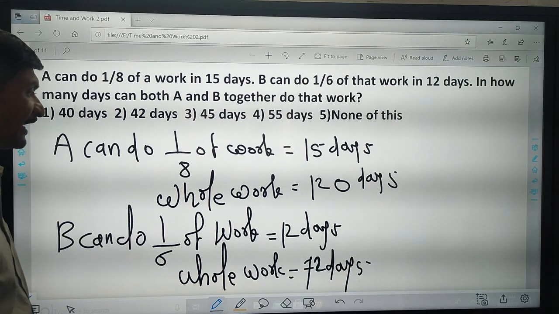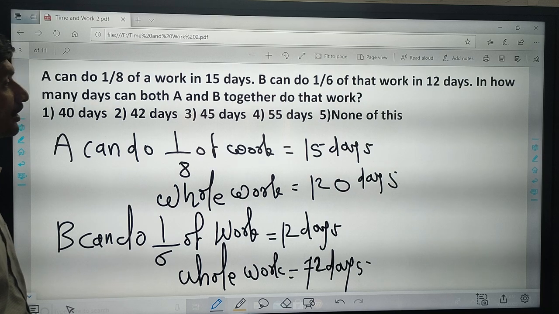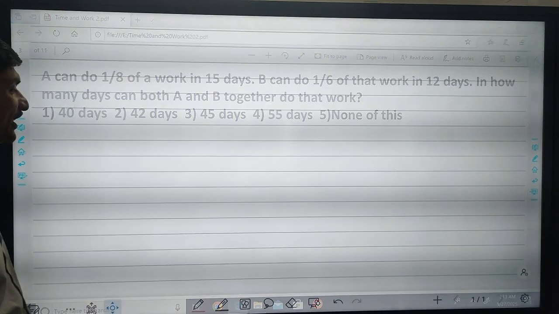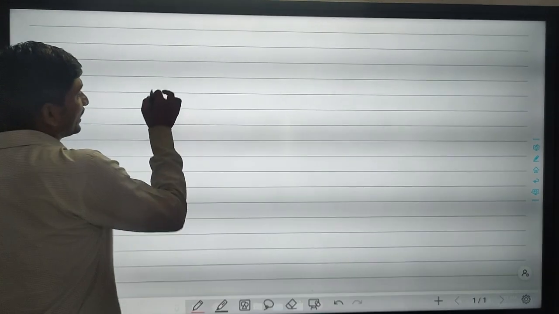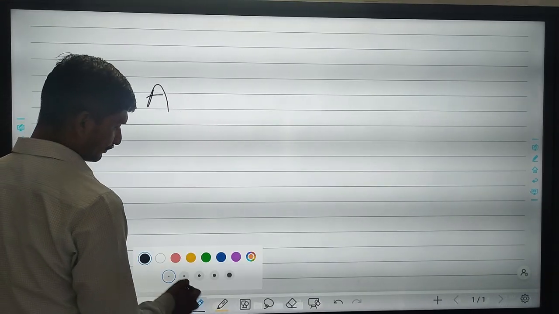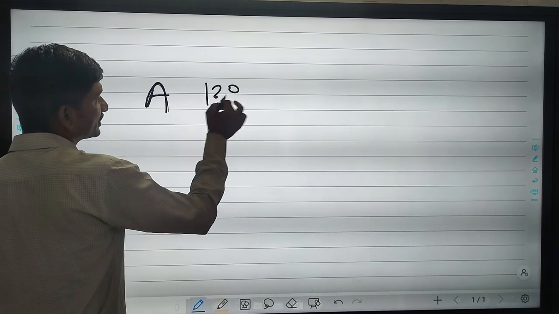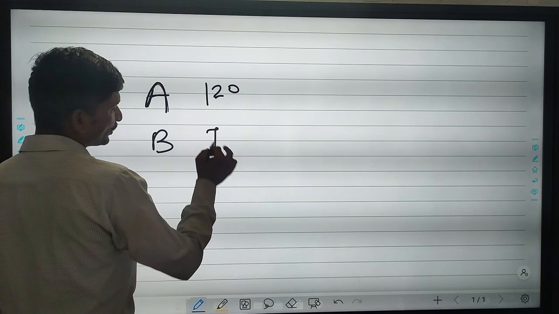Now here A and B together do that work. Then in how many days do they complete this work? A completes the whole work in 120 days. B completes the whole work in 72 days.